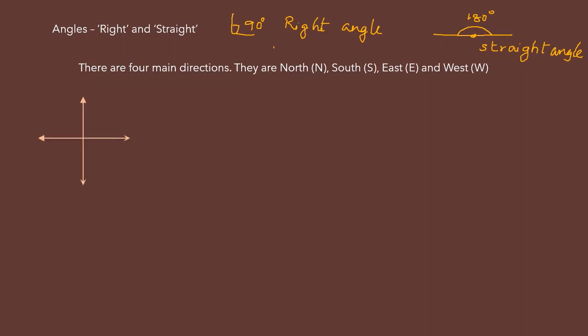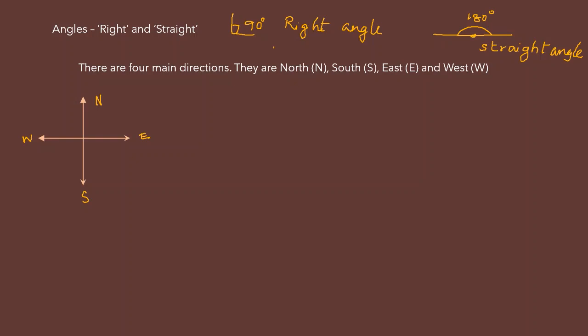When you draw an arrow like this to show the different directions, this is the north direction, this is east, this is south and this is west.